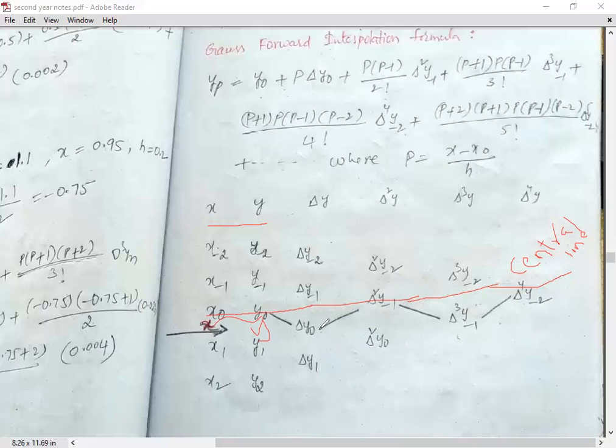And the differences below the central line are odd order differences, and the suffixes again start from 0 with the same pattern, 0, minus 1, minus 2, minus 3, etc. So without any confusion, we can easily take the differences from the table and use them in the formula, finding the p value, so that y can be interpolated for x which is near the middle of the table.